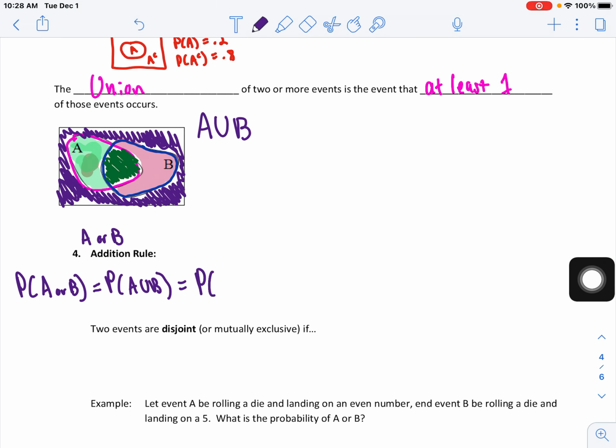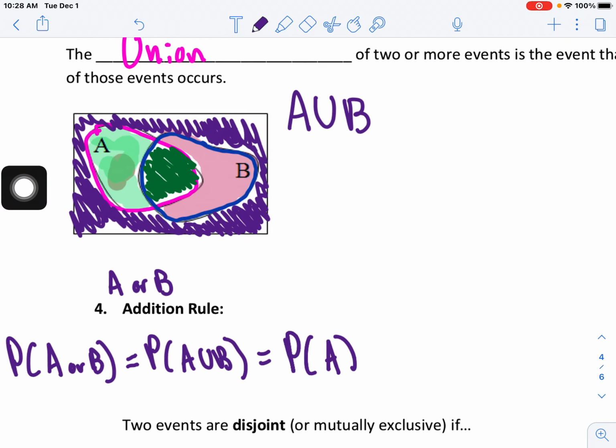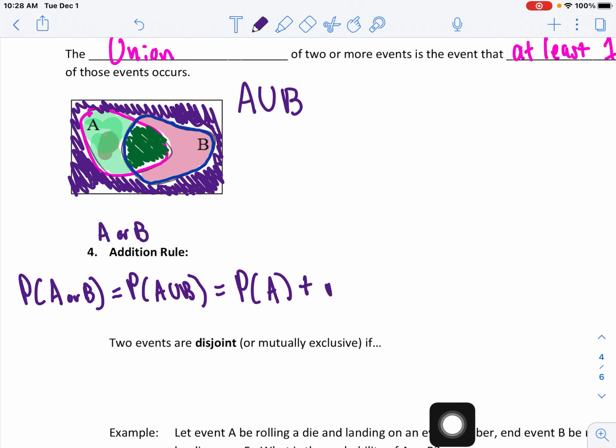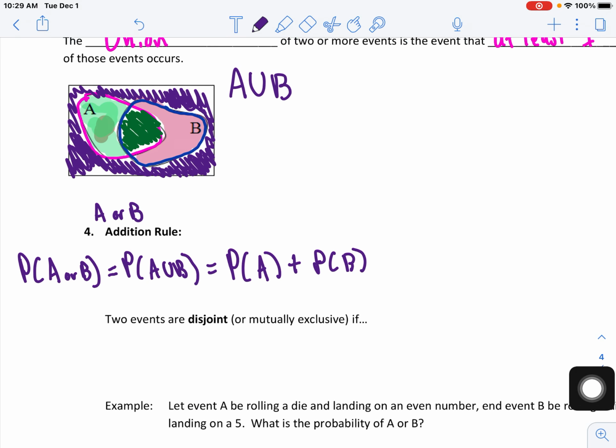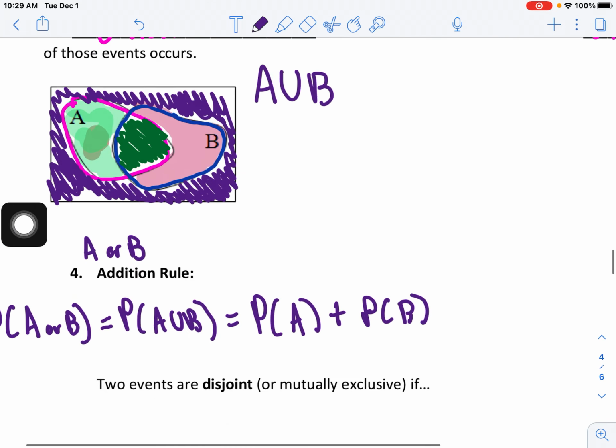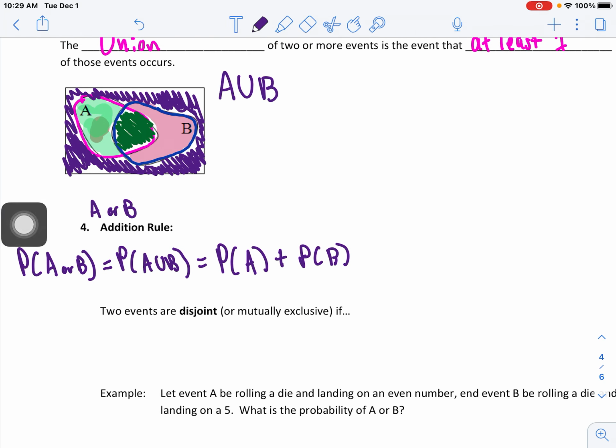So the way we can figure that out is we can take the probability of A, which is, remember, this little pink circle with the green shading. Then we can add the probability of B, which is this blue circle over here with the pink on the inside and the green on the inside. But it's not as simple as that, because I think you guys can recognize if I just add that pink circle and then this blue circle, we're actually going to get more than we want, because this middle piece, this green piece, would be counted twice.